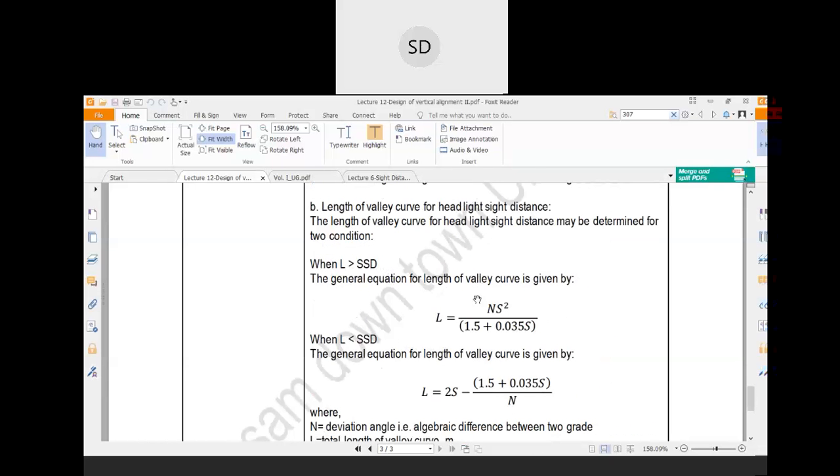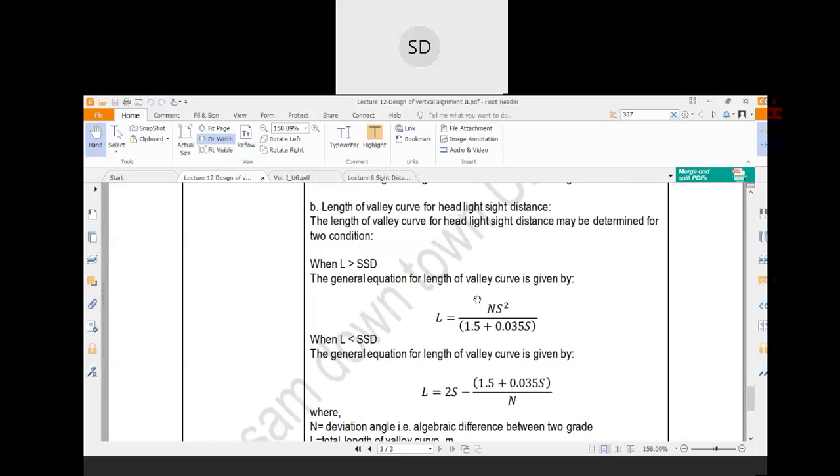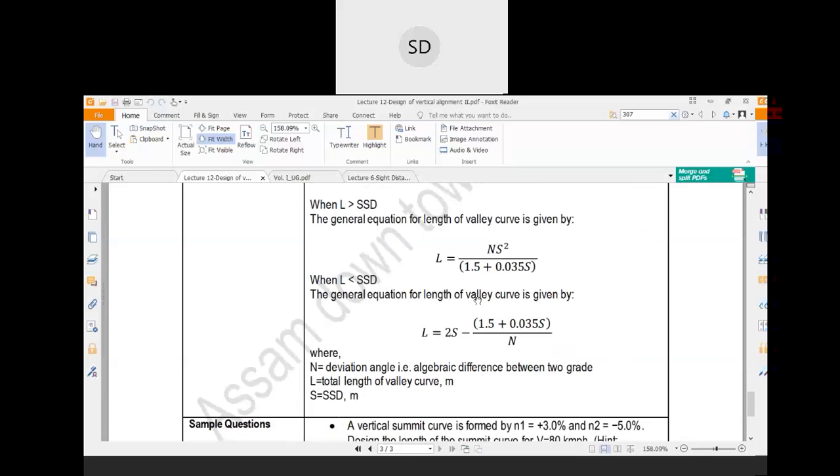Now sometimes you can also consider the stopping sight distance, but first and foremost your condition one is the comfort condition. After that you can check for the stopping sight distance. In that case, similarly there are two formulas, one for L greater than SSD, and another where L is smaller than SSD.